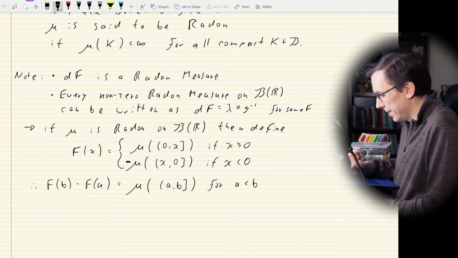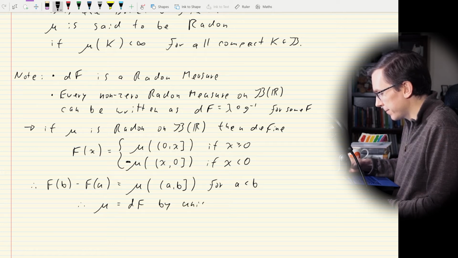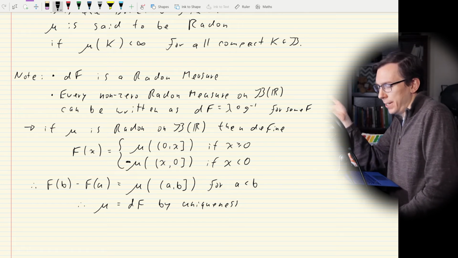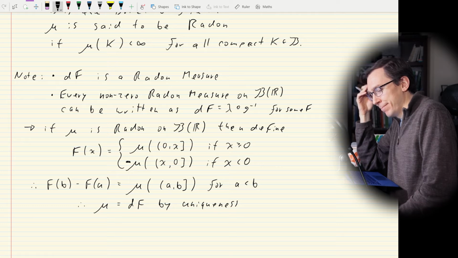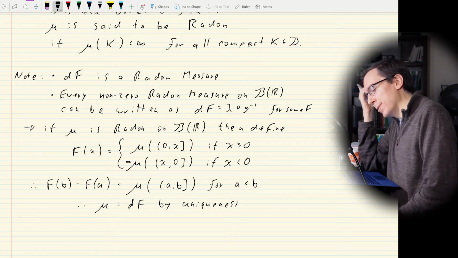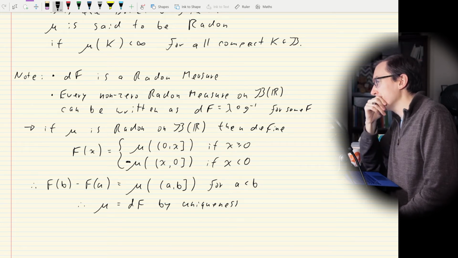Cool. And therefore, mu is equal to df by uniqueness. Again, if the two measures agree on these intervals, then they agree everywhere on all the Borel sets, by the way the uniqueness was proved.